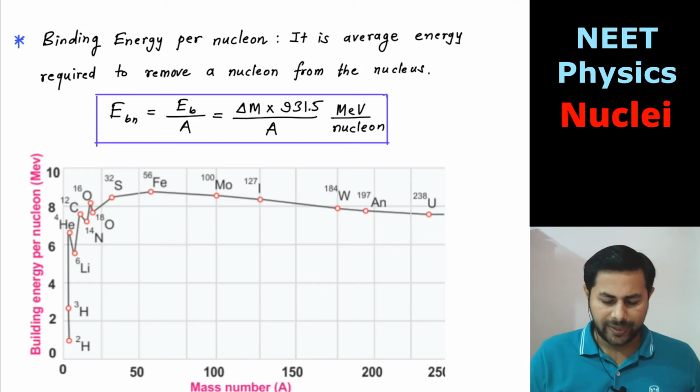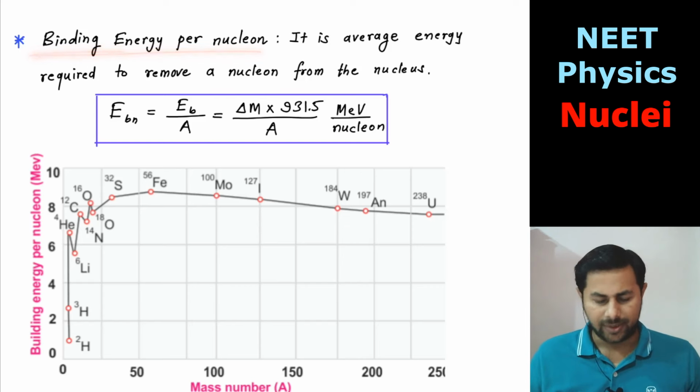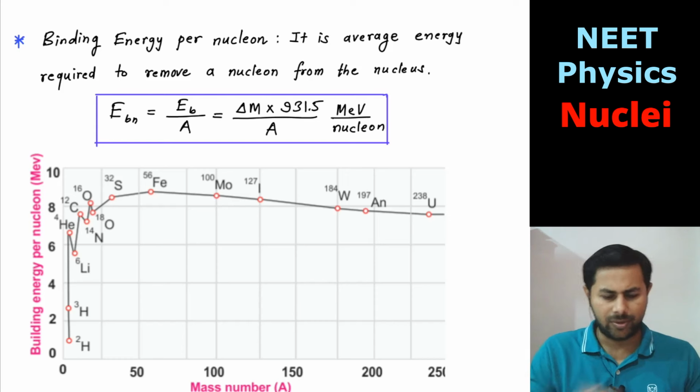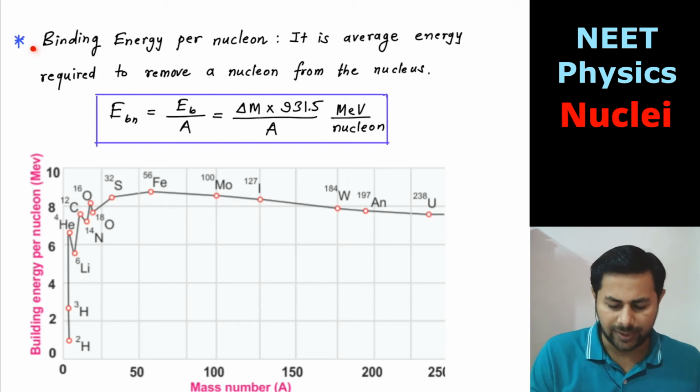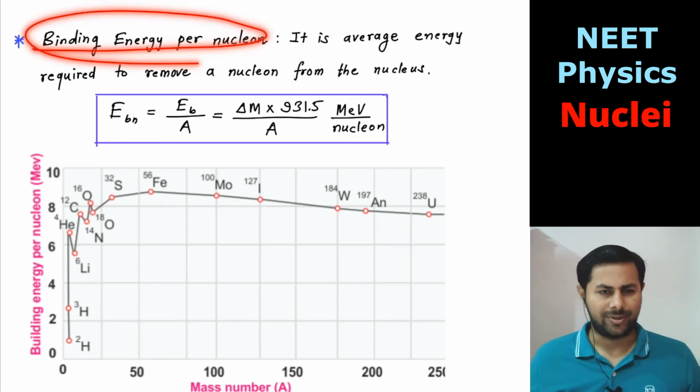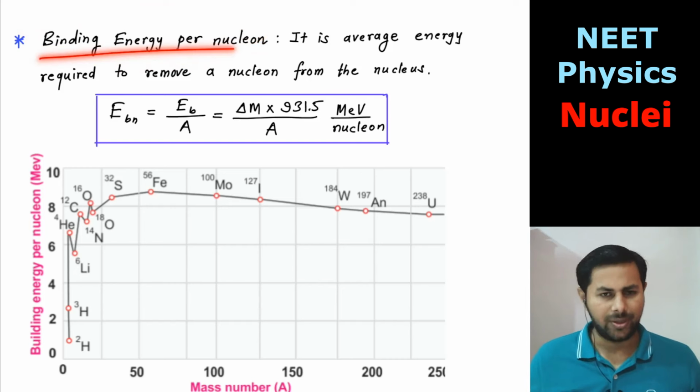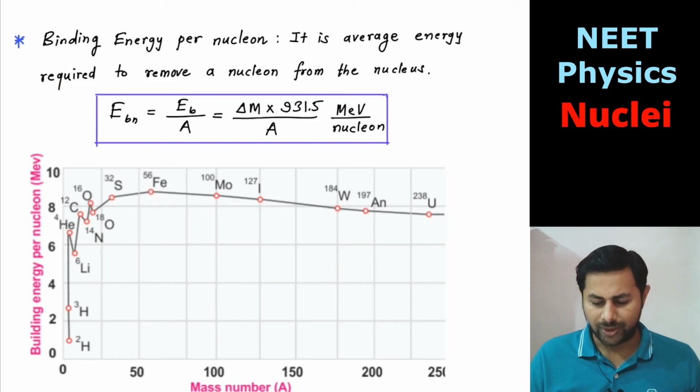Now, what is the average energy required per nucleon to make it free, to remove it from the nucleus? It is known as the binding energy per nucleon. Binding energy per nucleon is the average energy required to remove a nucleon from the nucleus.